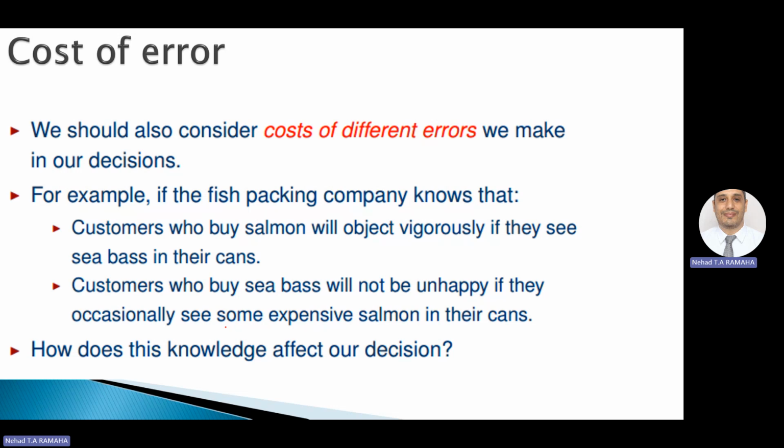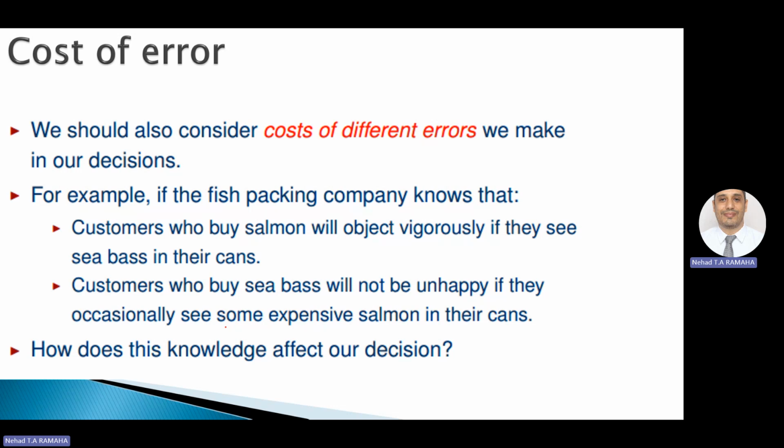But if we put a salmon fish in the sea bass box, the customer spends, for example, 200 lira to buy the fish as sea bass, but finds it's a salmon that could be 500 or 600 lira.